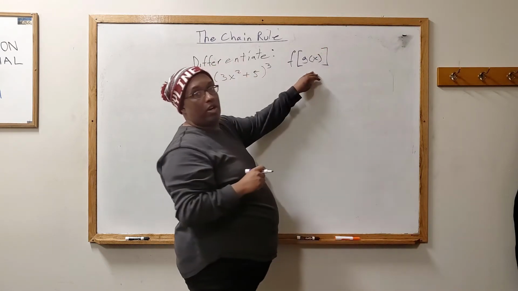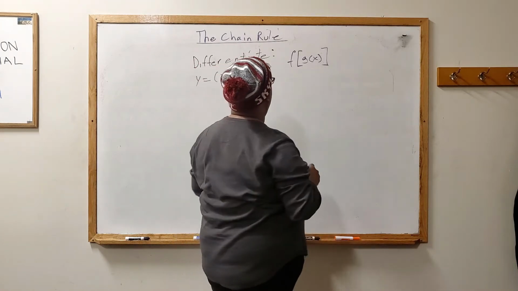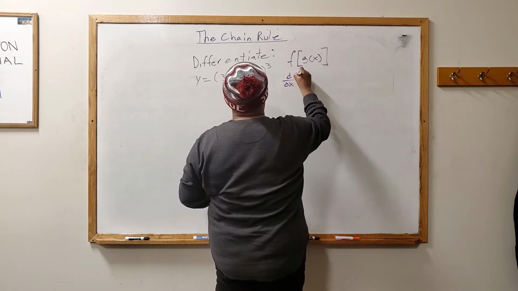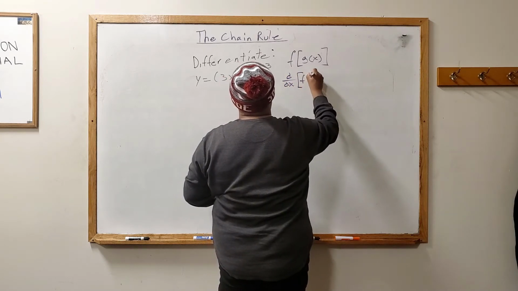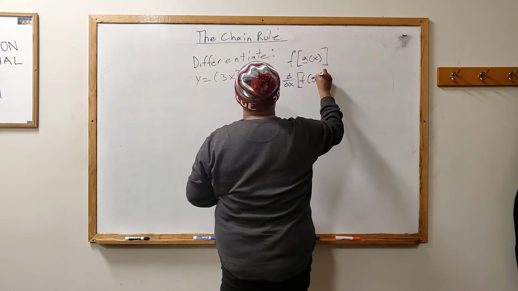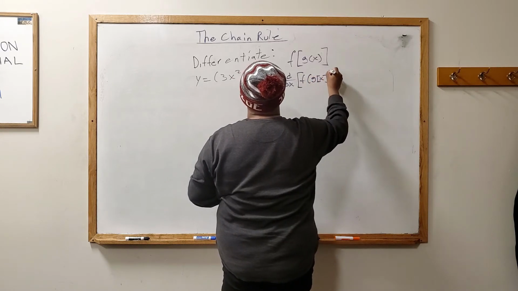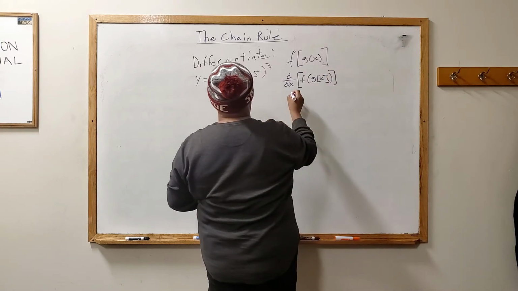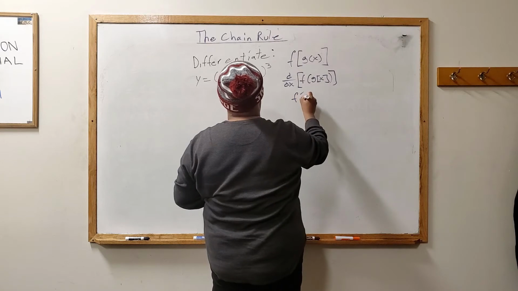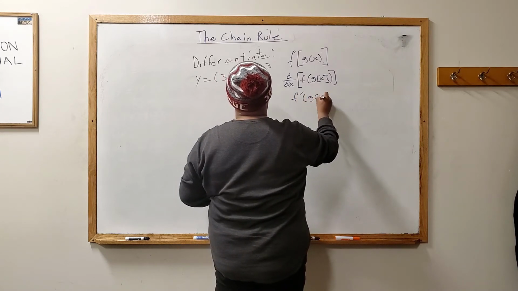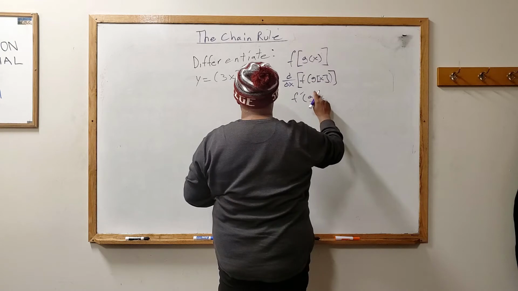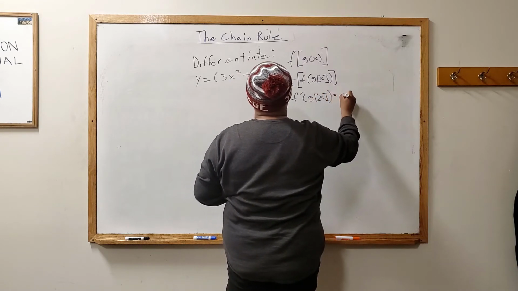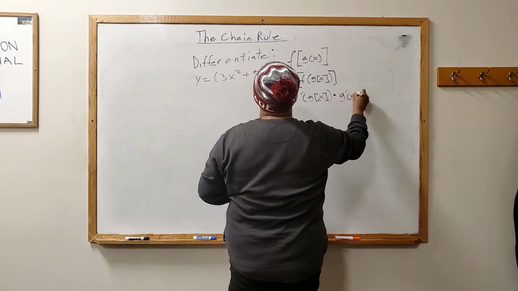We have a composite function, and if we take the derivative of that, then we would get f prime of g of x times g prime of x.